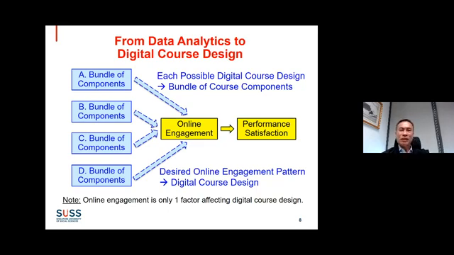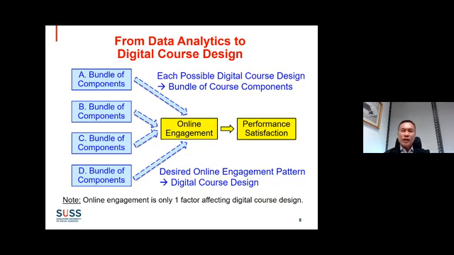And in the third bundle, it can be the case that I emphasize a lot on assessment. I make students go through formative and summative quizzes, do projects, and so on. So the point that I'm trying to illustrate is this: when we talk about course design, we're talking about different bundles of components, and these components can be instructional materials, interactions, or activities.